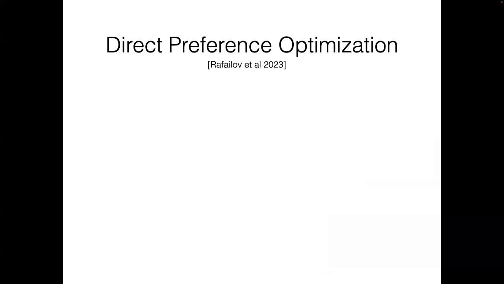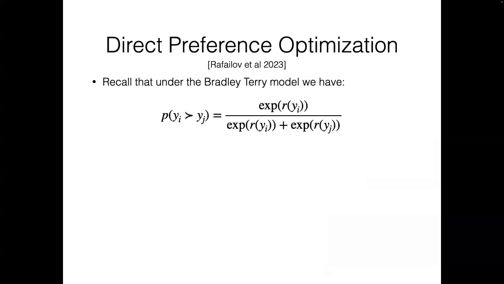So here the key idea is to actually use the stuff that I told you about before. We could look at how a reward model is trained and then, in a clever way, end up training just the policy model without a separate reward model.